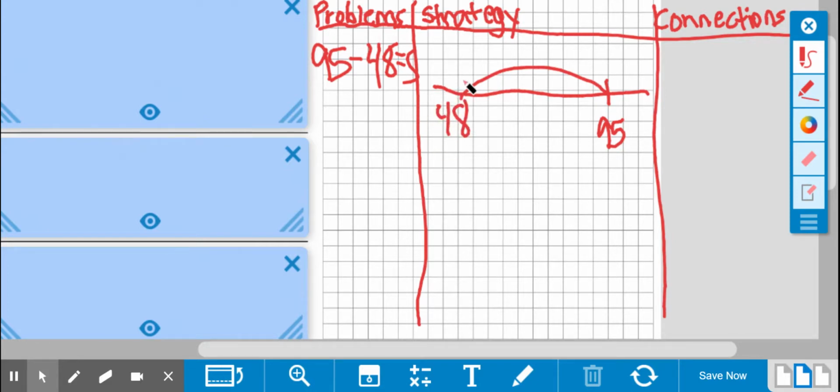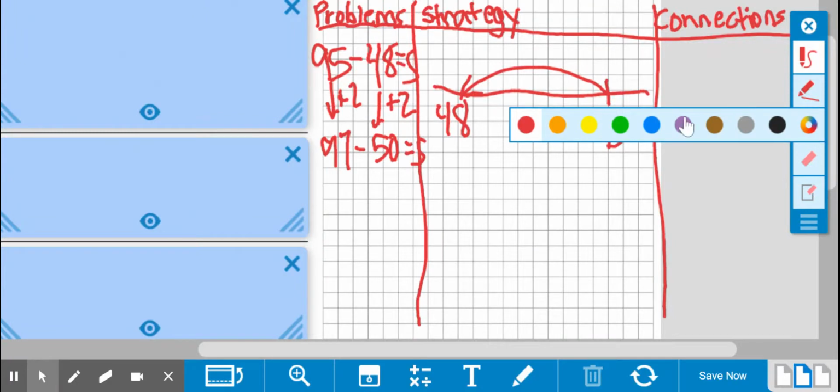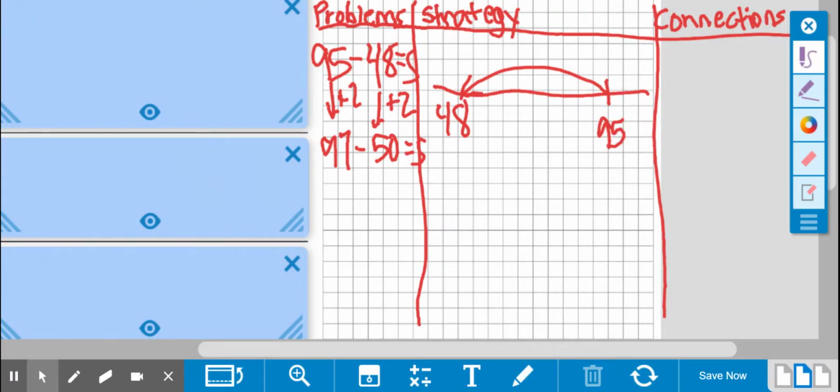Now, 95 and 48 are not friendly numbers. If this was 50, I would be so happy. So if this number gets 2, then this would be 50, right? But I can't just add 2 to 48. I've got to add 2 to 95. So that becomes 97. 97 minus 50, we still need to find out how much food was served.